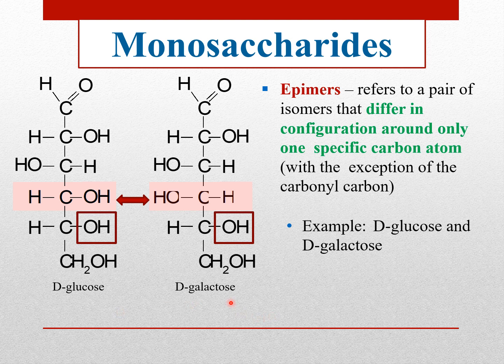Both are isomers, except only in this region, you can see the OH is to the right and hydrogen on the left for glucose, while for galactose, the OH is to the left and hydrogen to the right. And that is an epimer, where everything else is the same, only at this area.